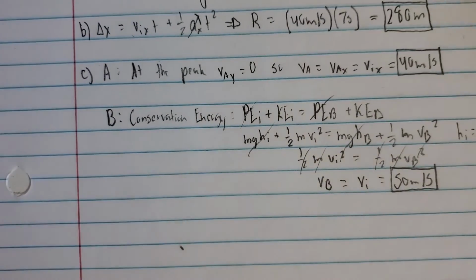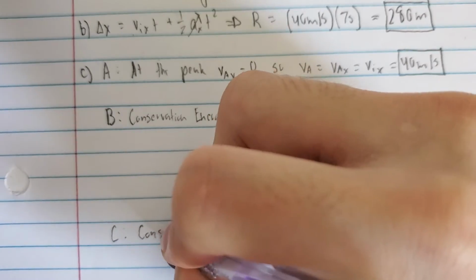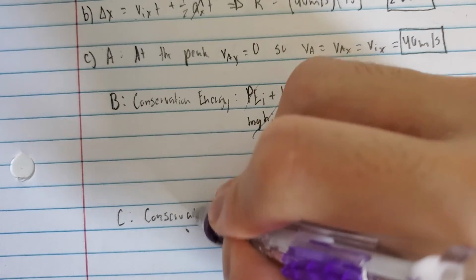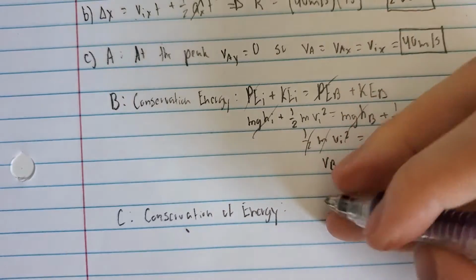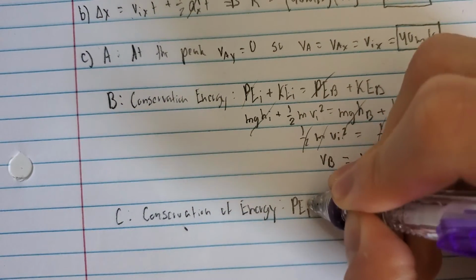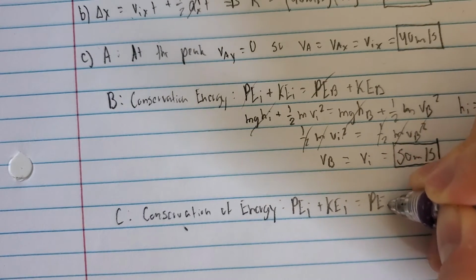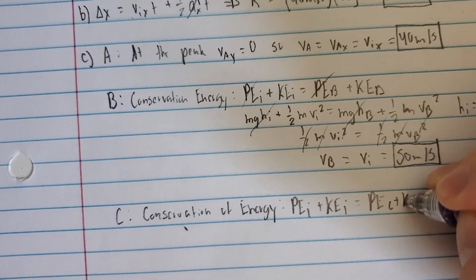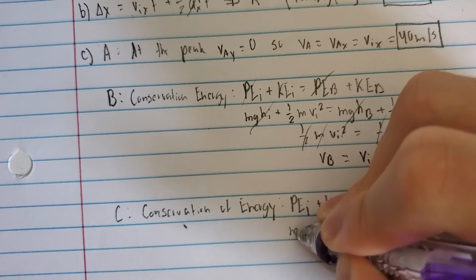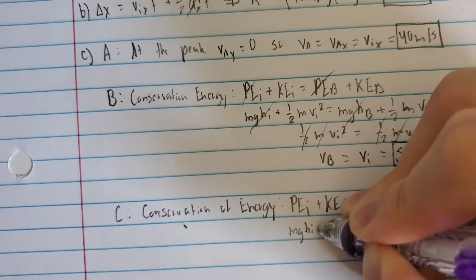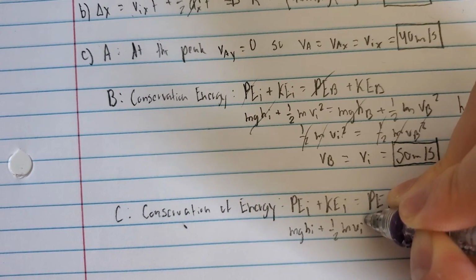Okay. Now point C. Once again, I'm going to use conservation of energy. So PEI plus KEI is going to be equal to my PE at point C plus KE at point C. Once again, PEI is m g times h initial, plus KEI is 1/2 m times Vi squared.